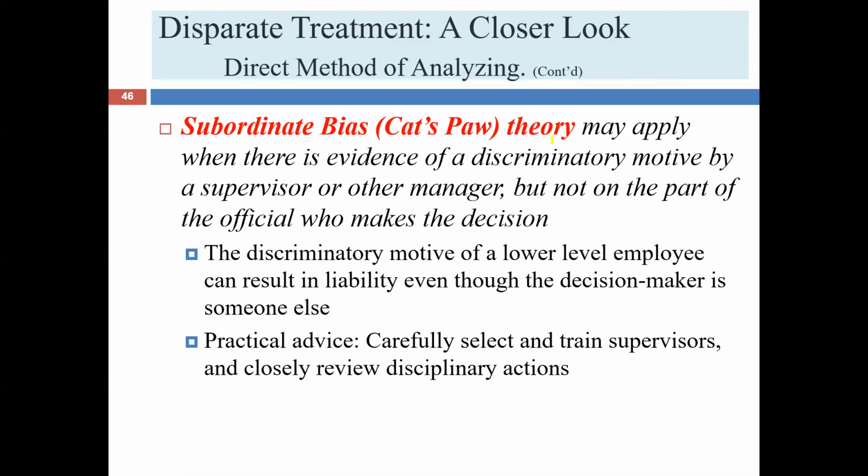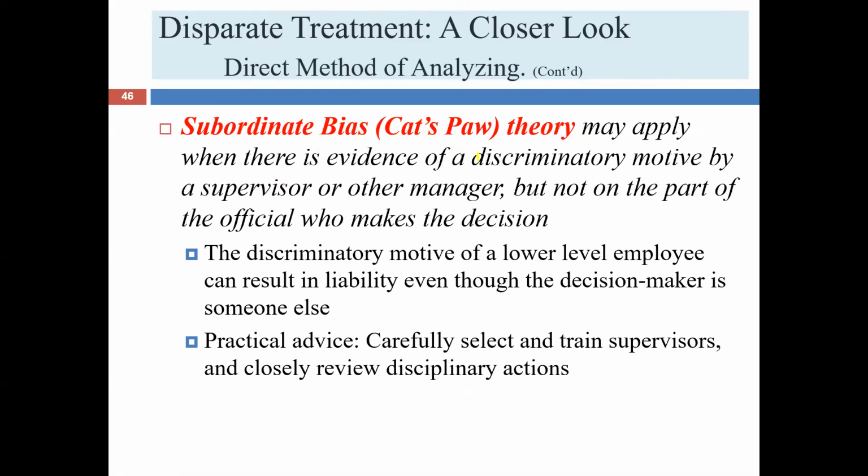And so the decision maker bases a decision upon evidence that is flawed. Well, it's not really relevant in that case what the character of the decision maker is. It's more relevant what the character of the person who gave the tainted data. And so that's called a subordinate bias theory or a cat's paw theory. And this is a valid way to approach it.